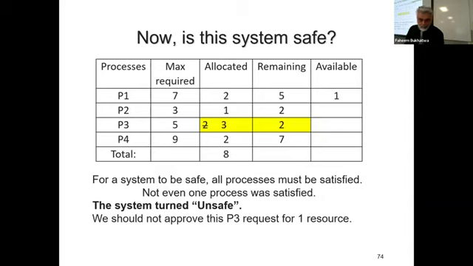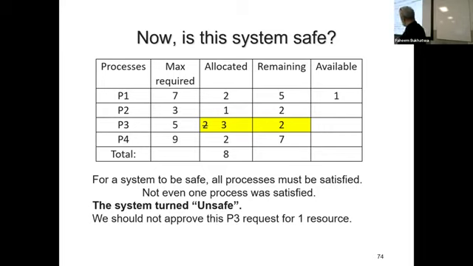So now that's the situation. This one needs 5, this one needs 2, this one needs 2, and this one needs 7. We've already allocated 2 and 3, and 3, 6, 8. Out of total of 9, that means we only have 1 left. Can we accommodate any of them? No, we cannot. That means we should not approve that request.